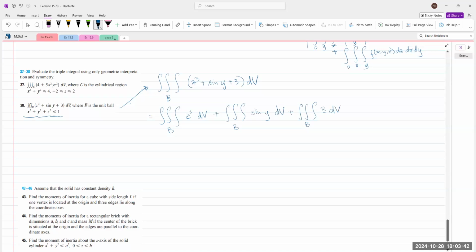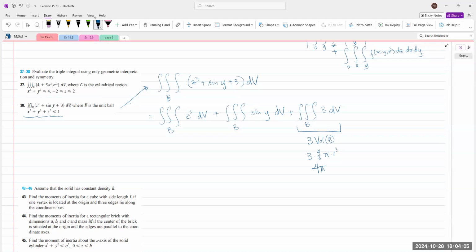But the last part here will be 3 times the volume of B, which is 3 times 4 over 3 pi r cubed. So that's 4 pi, right? Now I want to argue that the first 2 triple integrals will give us 0.